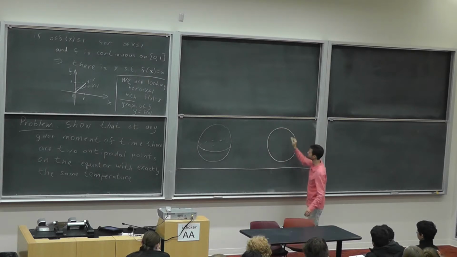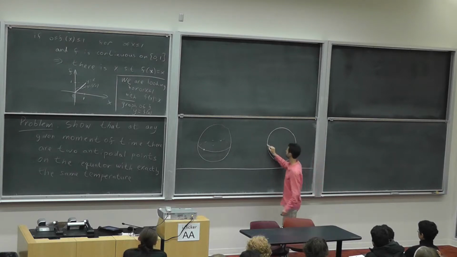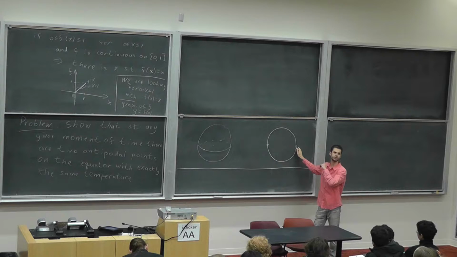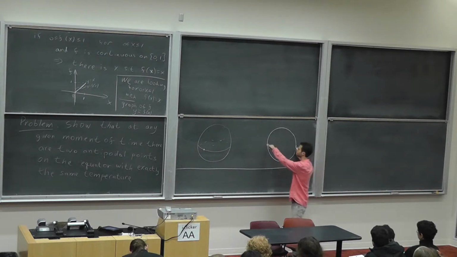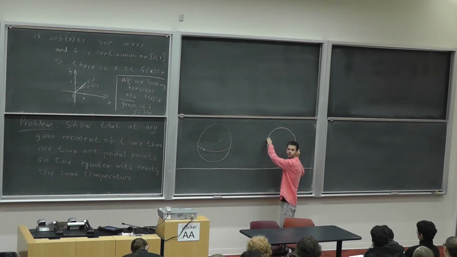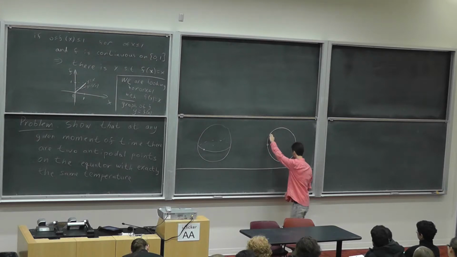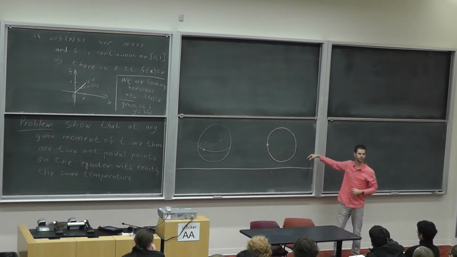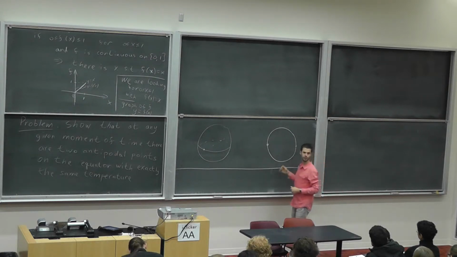So let's imagine just the equator, and let's imagine that the temperature here is higher than the temperature here. Then I imagine myself walking along the equator, and my antipode, somebody who is walking at the same rate on the opposite side of the Earth, and we are communicating over cell phone.